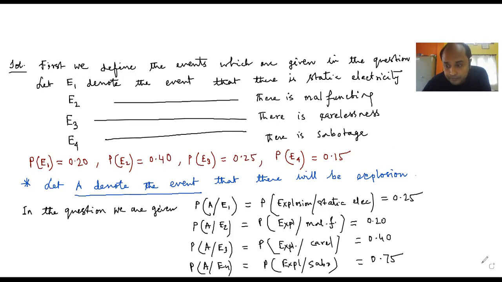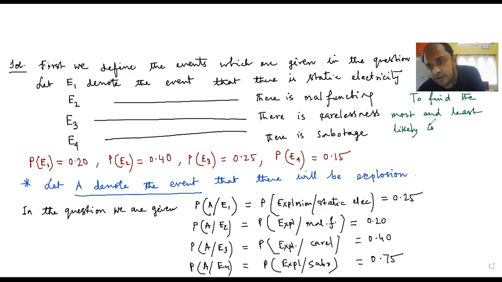Now, to find the most and least likely cause of the explosion, we need to find the following probabilities.